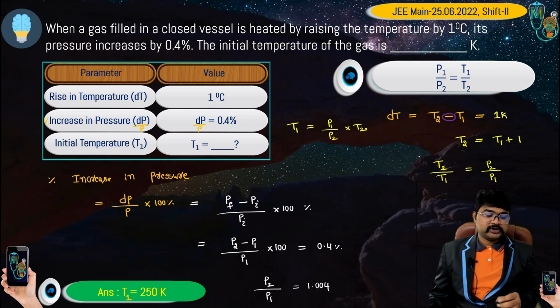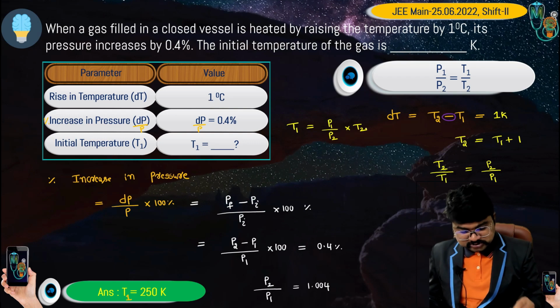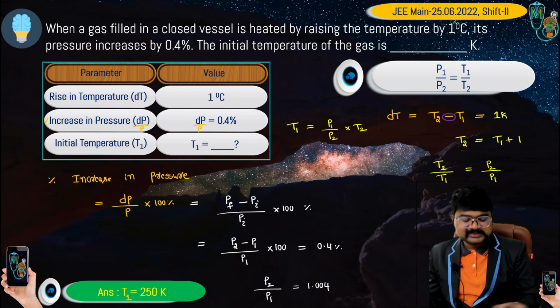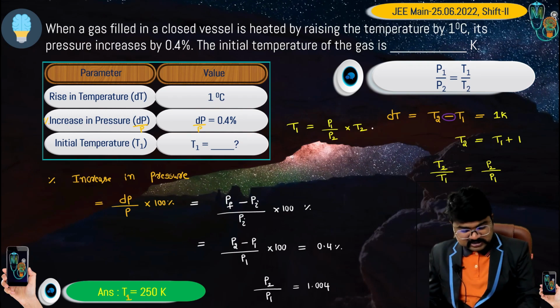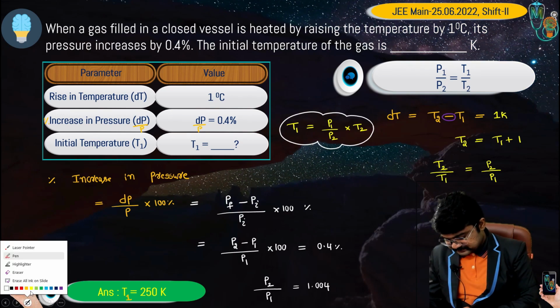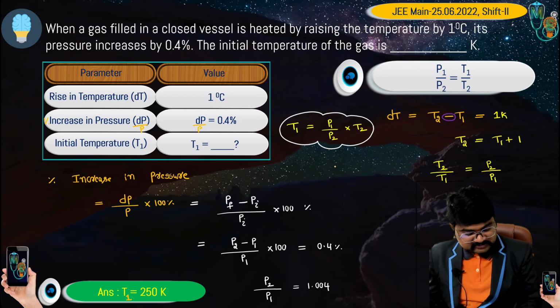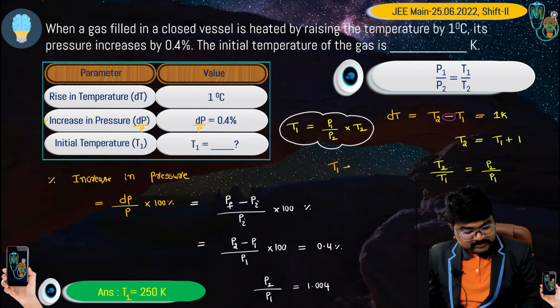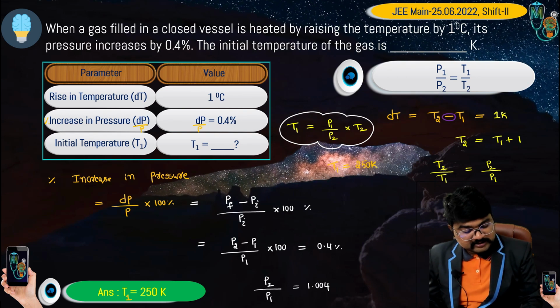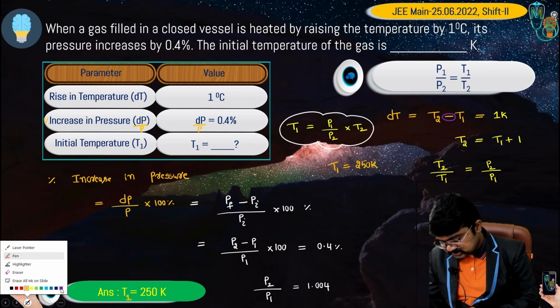So you substituted everything, you have done some basic level calculations. Finally, we got this. What is T1? From here we can do the calculations: 250 Kelvin. That is the final answer to this question.